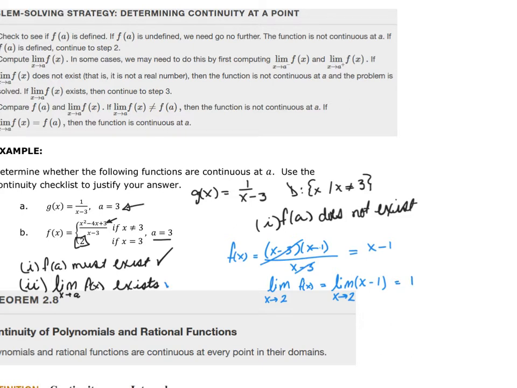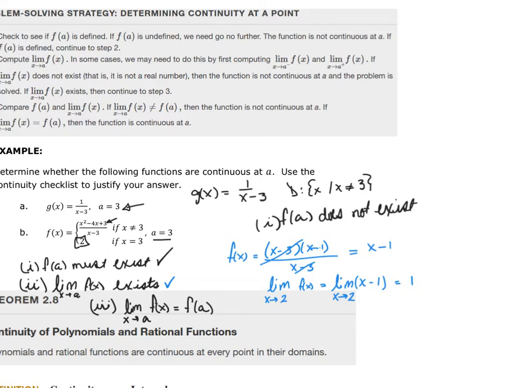So we know that the limit exists. Now, the last piece is we need to confirm the third part of continuity: the limit as x approaches a of f of x must equal f of a.